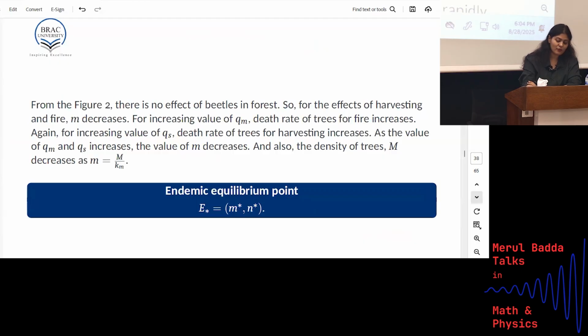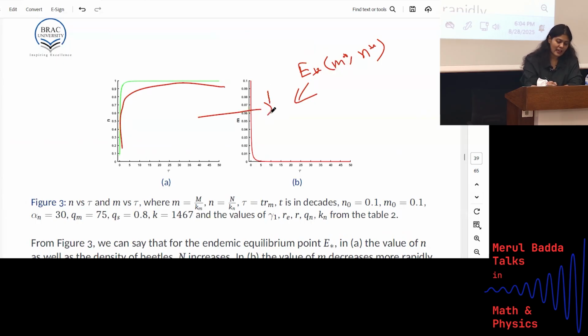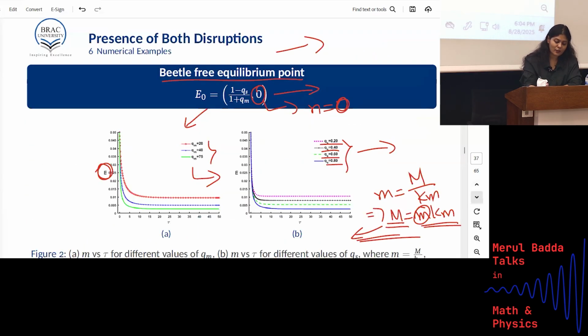For the endemic equilibrium point, in this condition, there is also beetle attack in our forest. There exists beetle in our forest, so the number of beetles is increasing. Because of the effects of beetles, harvesting and wildfire, the number of trees decreases, and it decreases more compared to our previous model, where there was no beetle attack.